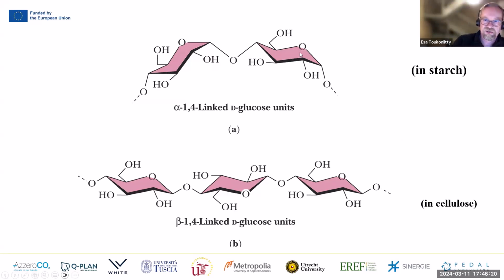But if you have this kind of curvy or irregular shape, this packing is not that regular and strong. Therefore, water molecules can penetrate between these chains and make it at least partly soluble in water.